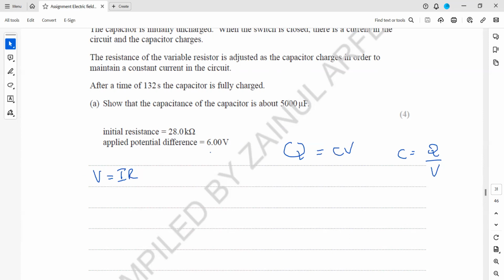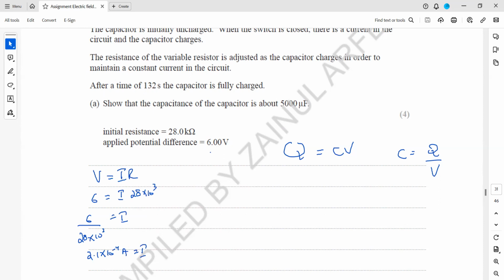So V equals IR, the voltage maximum is 6, and the initial resistance is 28,000 because 28 kilo ohm, so 28 times 10 to the power 3. This is multiplied, so on the other side it will be divided: 6 divided by 28 times 10 to the power 3. This will give us the current, which is 2.1 times 10 to the power minus 4 ampere. Now we have the current.